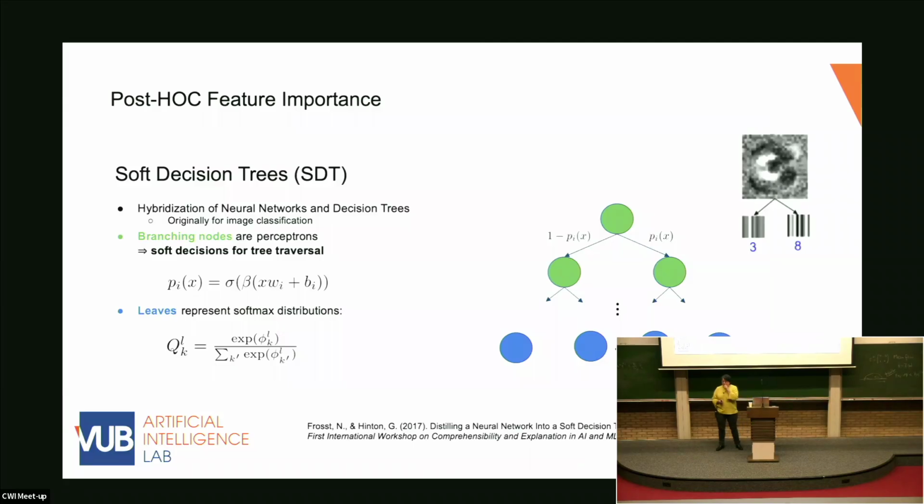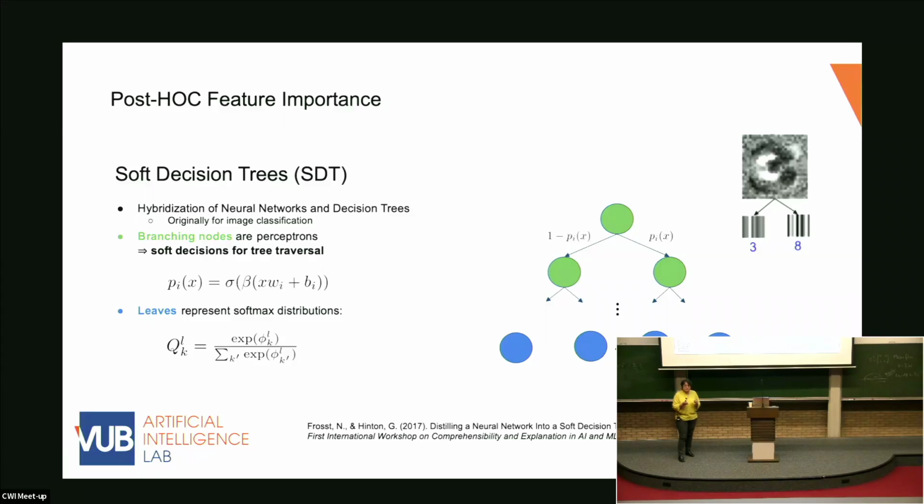I still have a bit of time to mention some other work that we have done. Not these very rich explanations, but for example, we used feature importance by training a soft decision tree on a policy learned by reinforcement learning to understand what the most important features are to condition the action on. So this is what is called a post hoc approach, and that's maybe also important to mention.